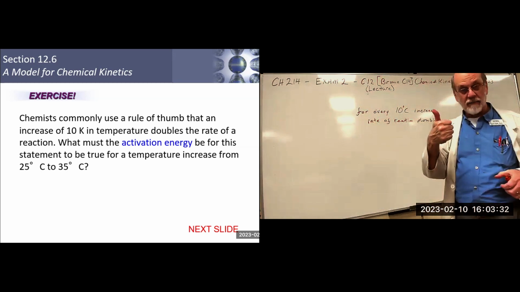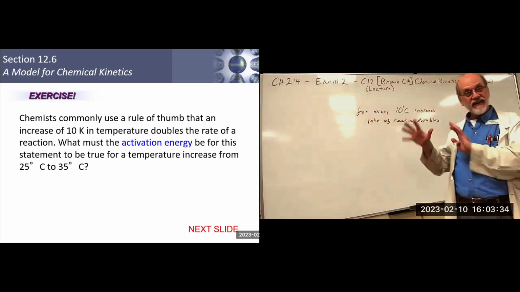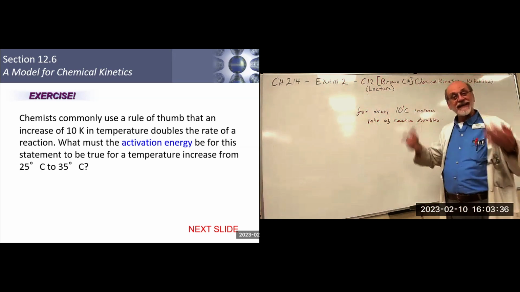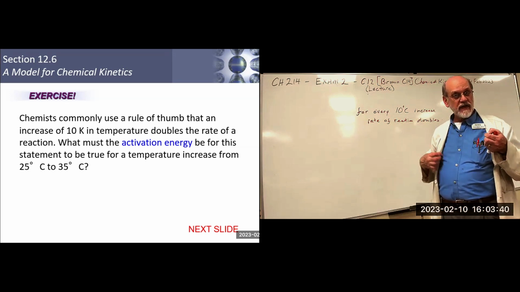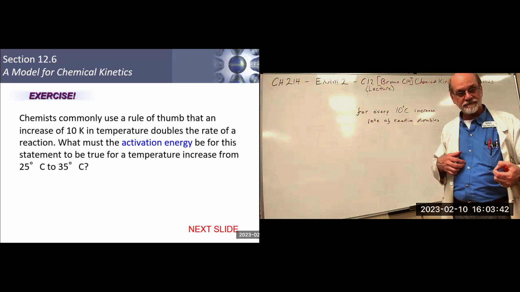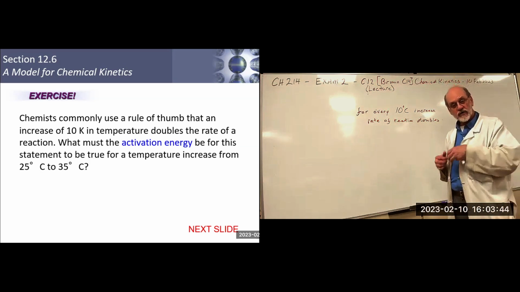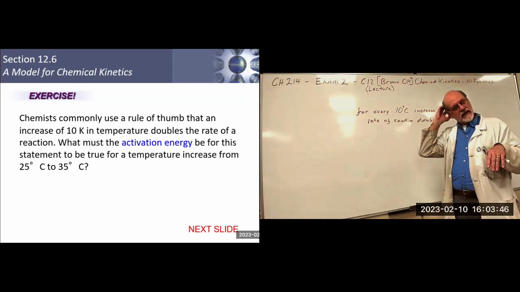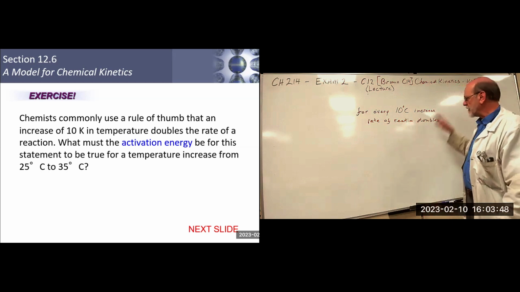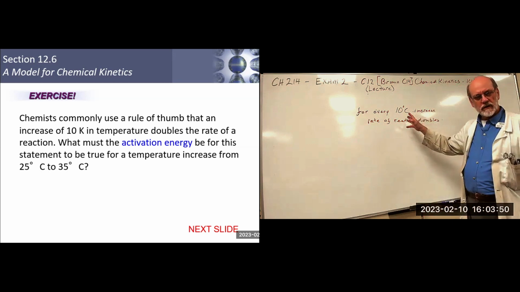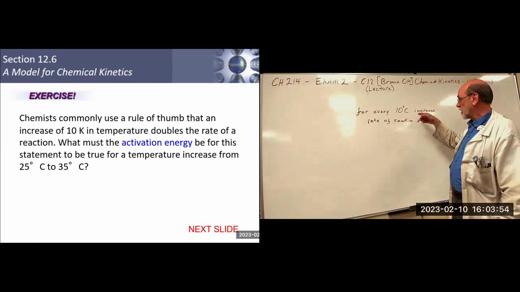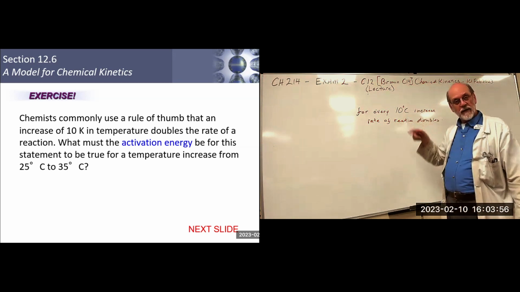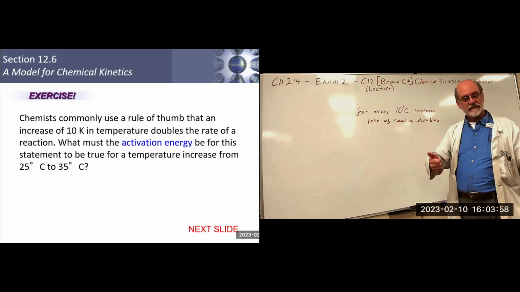Now that's a rule of thumb, right? It will vary, depending upon the reaction and the activation energy that's associated with that reaction. So what I wanted to do now is say, okay, if that rule is true, what does the activation energy have to be for this rule of thumb to be exactly correct?